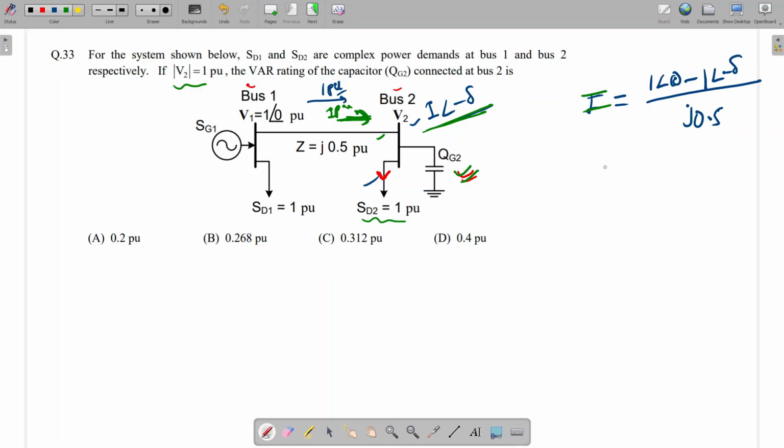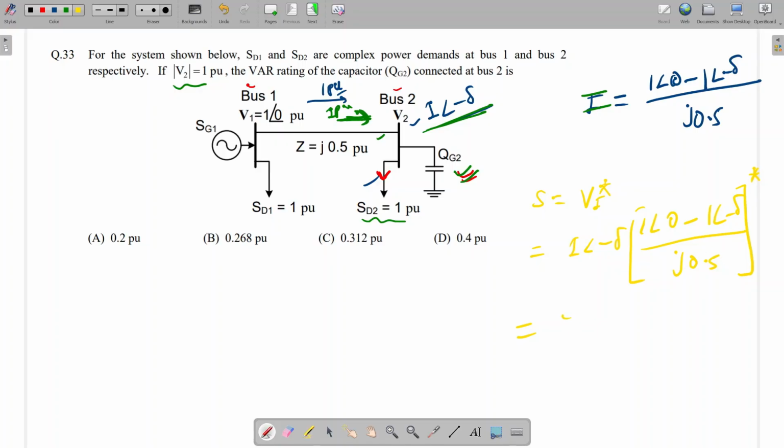So what will be the apparent power here? Apparent power will be S equal to V I conjugate. V will be 1 angle minus delta, and I conjugate will be 1 angle 0 minus 1 angle minus delta divided by j 0.5, conjugate of this one. So the angle above goes minus, and minus conjugate will be plus.